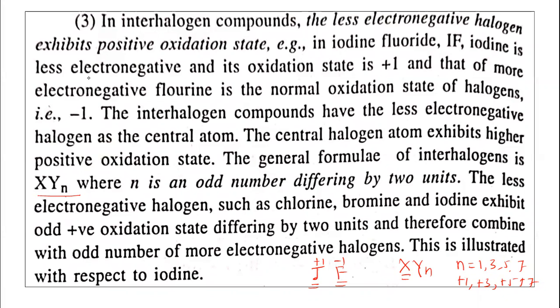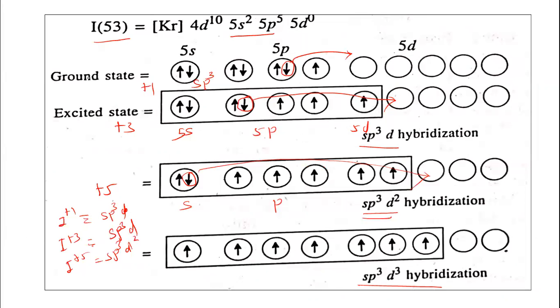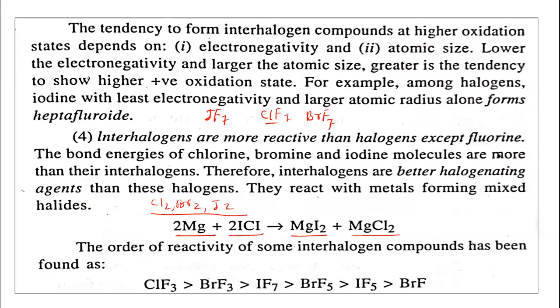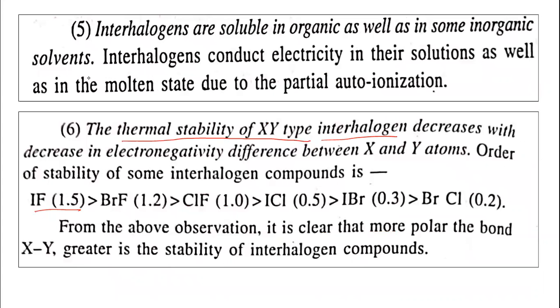So iodine shows +1, +3, +5, +7 oxidation states because its atomic size is larger, and it is the less electronegative element. So only iodine shows such higher positive oxidation states. Interhalogens are more reactive than halogens except fluorine. That is true. Thermal stability of the interhalogen IF is high as compared to other interhalogen compounds.